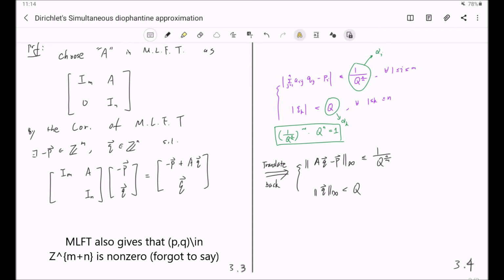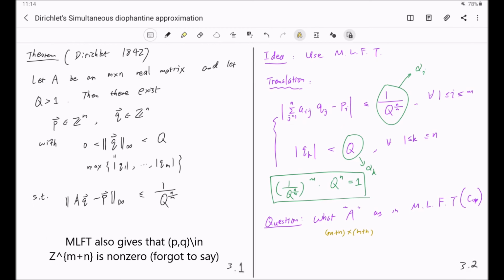This is almost what we want at the beginning, except that we also require this q to be non-zero.